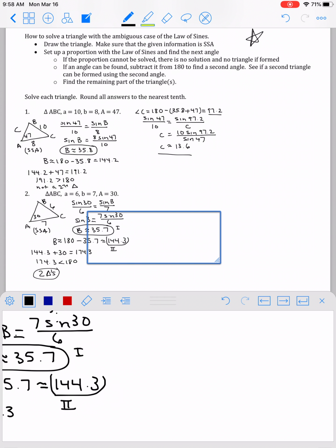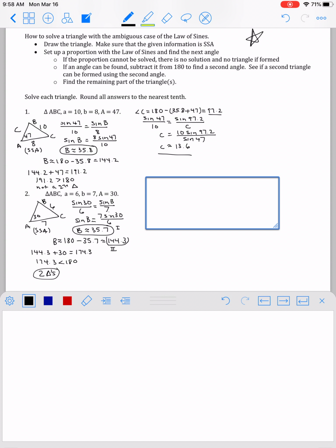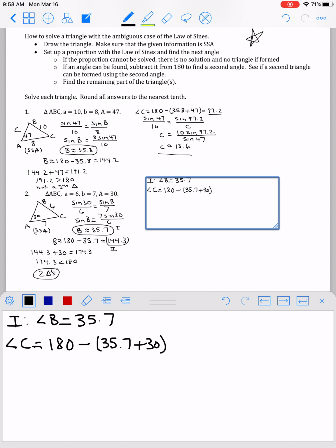So your work kind of has to be organized here so that we can see. So let's work on solution 1. So we know angle B is 35.7. So now angle C is 180 minus 35.7 plus 30.